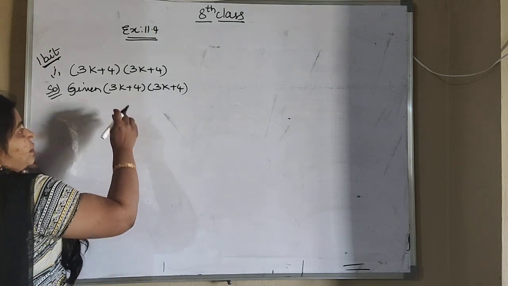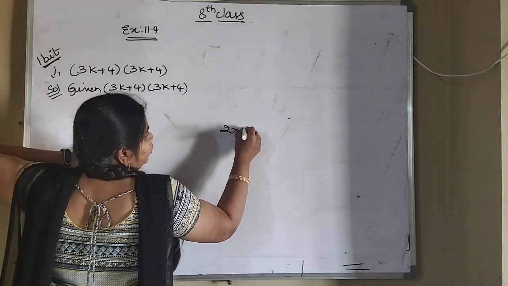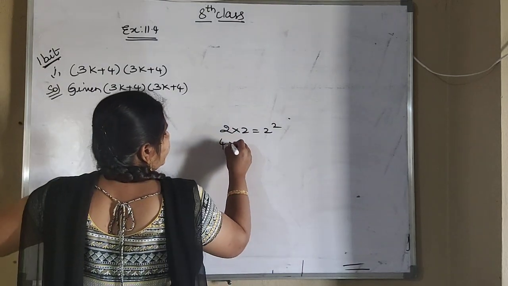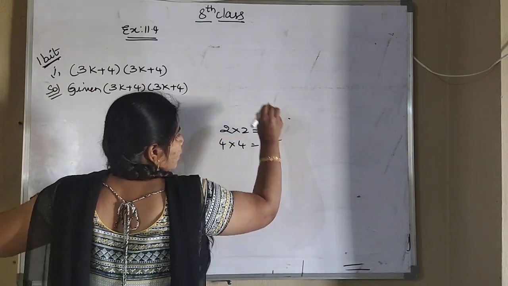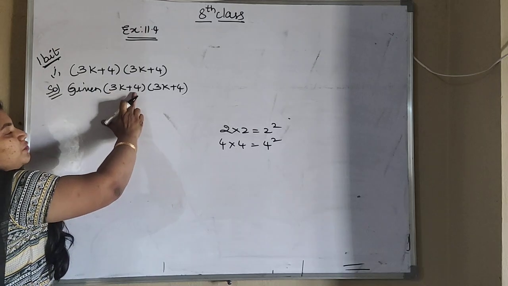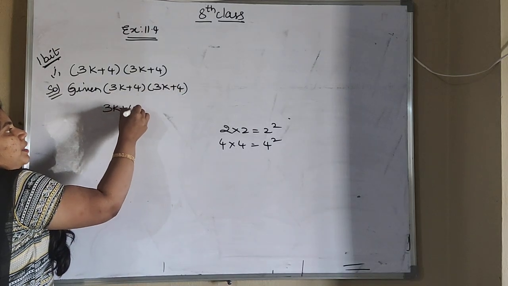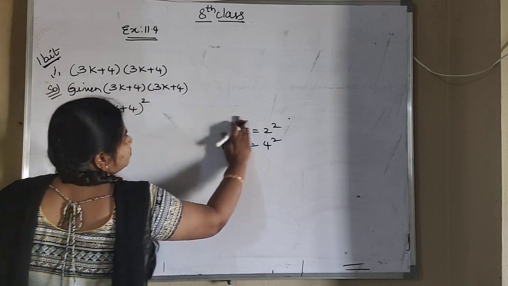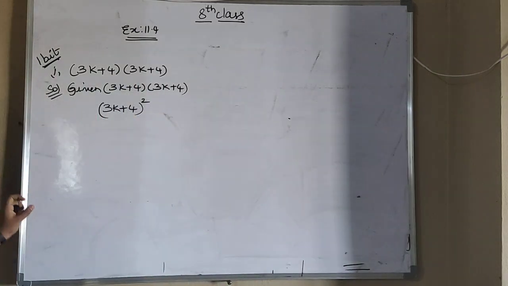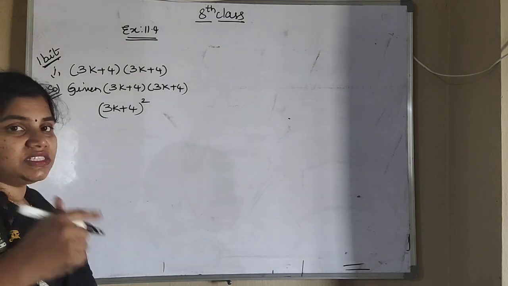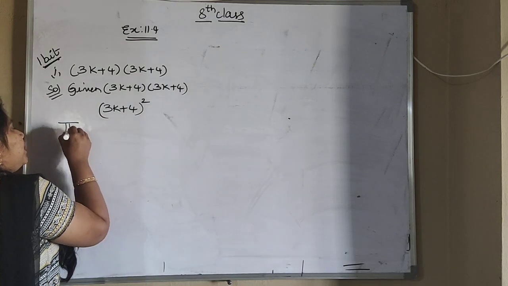If it is 2 into 2, we can write it as 2 square. In the same way, 4 into 4 can be written as 4 square. So 3k plus 4 into 3k plus 4 we can write as 3k plus 4 whole square. Now this is in the form of which identity? That is the first identity.